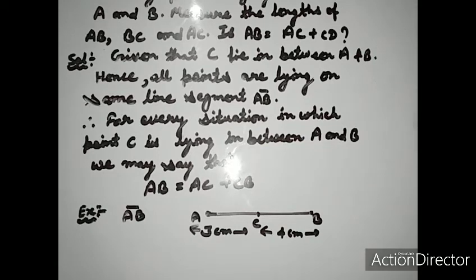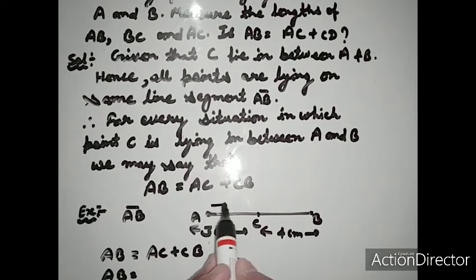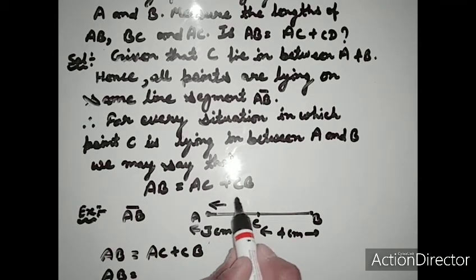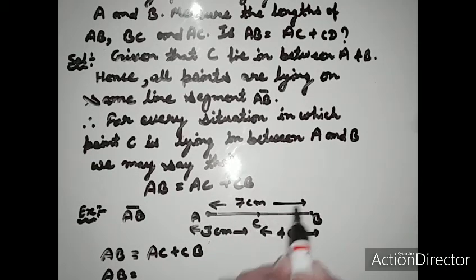Okay, so what is the total length of AB? If we add AC plus CB, we find the length of AB. So AB equal to, and the total length of AB is equal to 7 centimeter, right?